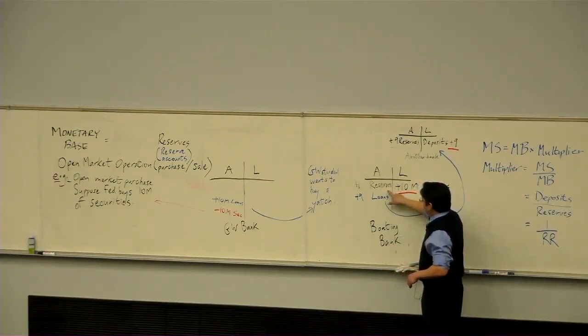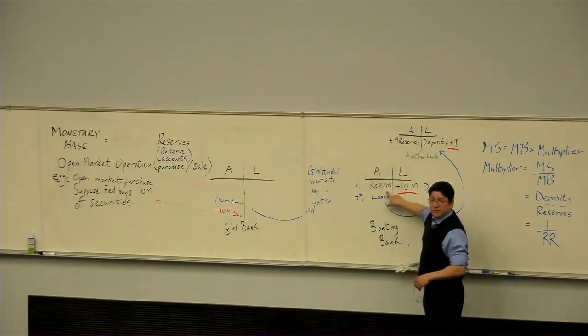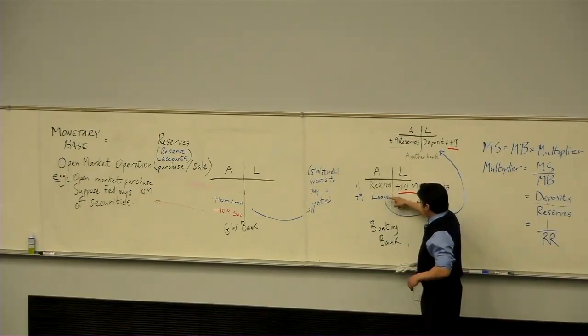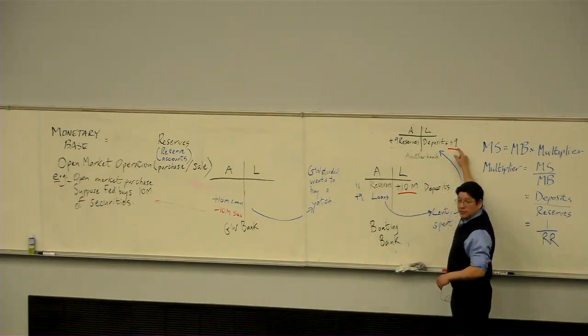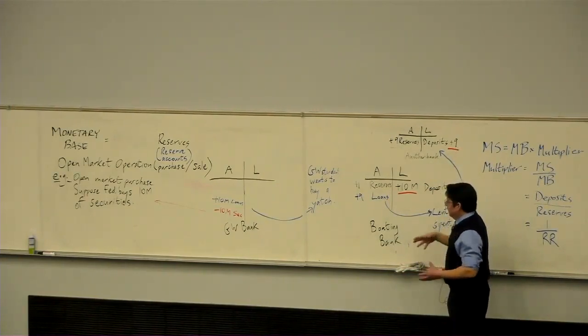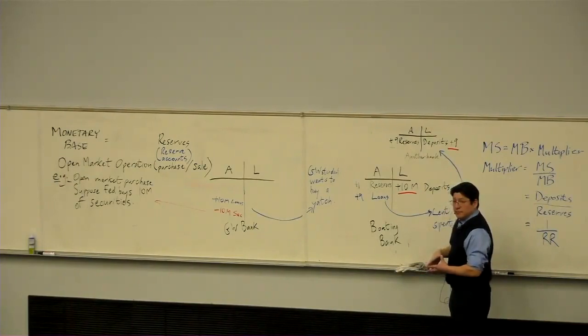Moreover, what if instead of holding 10% in reserves, the banks wanted to hold 20? Then this wouldn't be 9, it would be 8. In other words, if the banks lend less intensively, i.e. hold more reserves, the multiplier would get smaller.